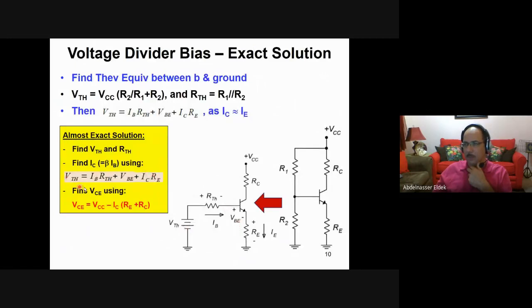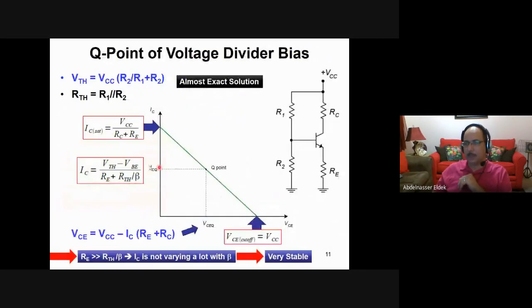Here IB is IC over beta. Then you just take IC outside and put everything on the other side. Then you will get IC equals V Thevenin minus VBE, which is 0.7 volt, divided by RE plus R Thevenin divided by beta. After that you substitute in the other equation to calculate VCE.